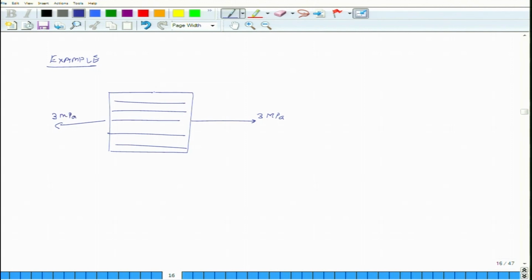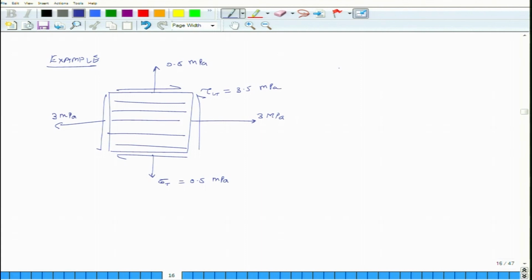It also has a transverse load such that the transverse stress sigma T is equal to 0.5 MPa, and then there is a shear stress and the shear stress equals 3.5 MPa.